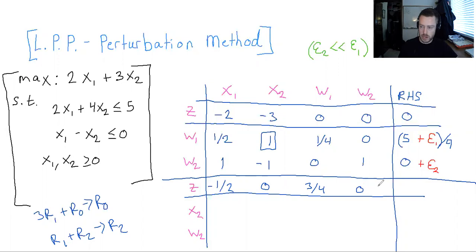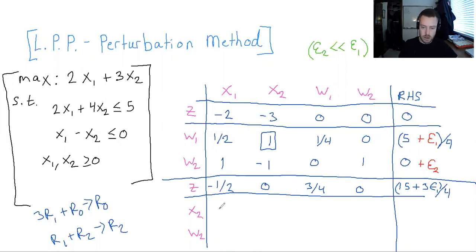And then we're going to multiply 3 by all this. So this is going to be a 15 plus 3 epsilon 1 quantity divided by 4.